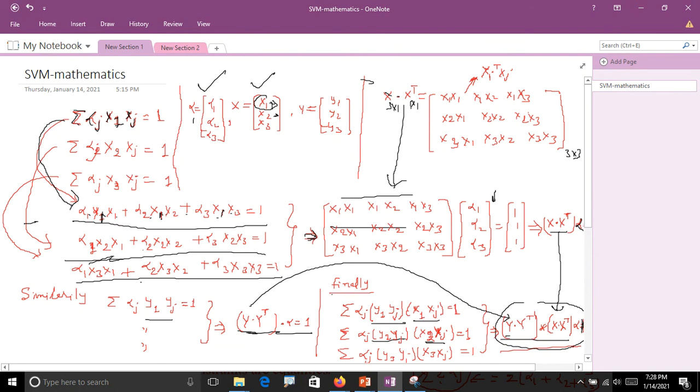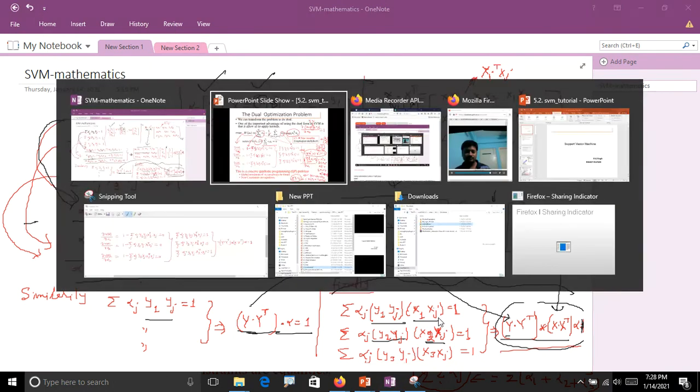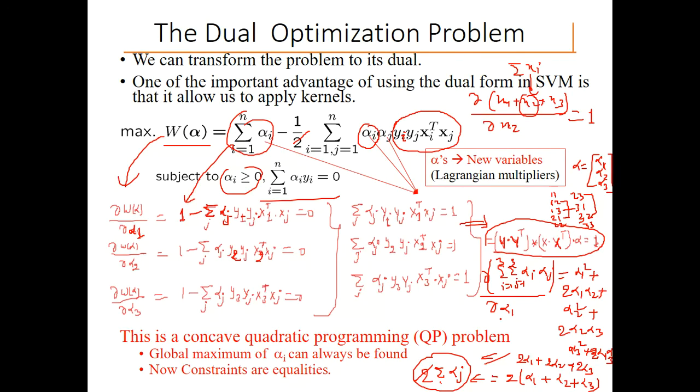Now this we have to take back to the SVM that we have seen just now. Okay, here. So here this equation in matrix form we got from here. So having this matrix form, it is easy to solve. So from here you can get the value of alpha.